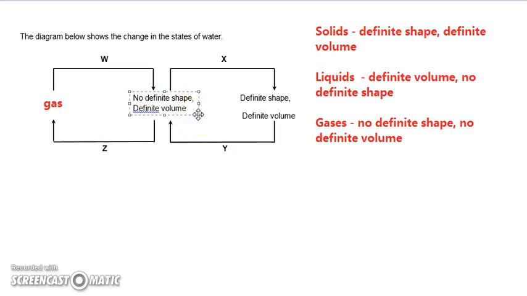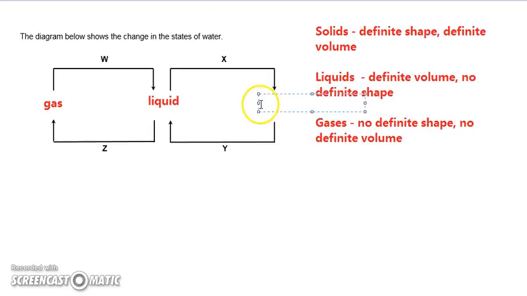What state would this be? This would be liquid, so I can change it like that. And then we have a definite shape and a definite volume, which is definitely solid. So we have all the three states here.